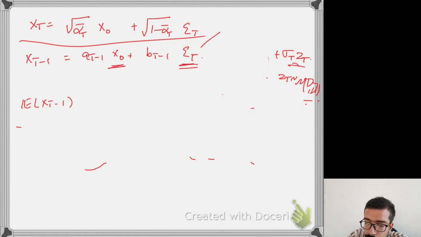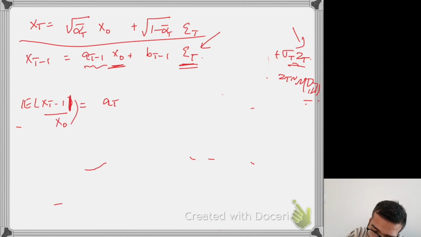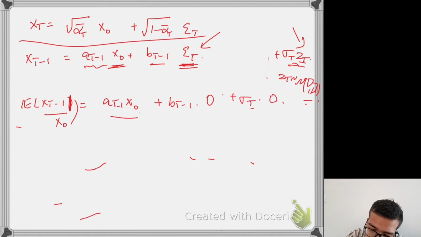Since both of these are standard normal, their sum is also going to be normal, and the mean of x_{t-1} given x naught is the expectation of a_{t-1} x naught plus b_{t-1} times this mean, so b_{t-1} times 0 plus sigma_t times 0. So essentially this mean is just going to be a_{t-1} x naught, right?